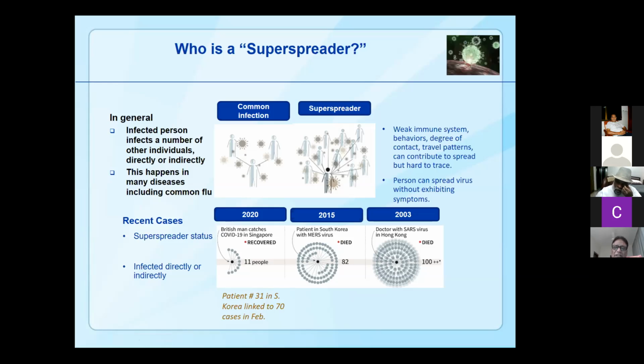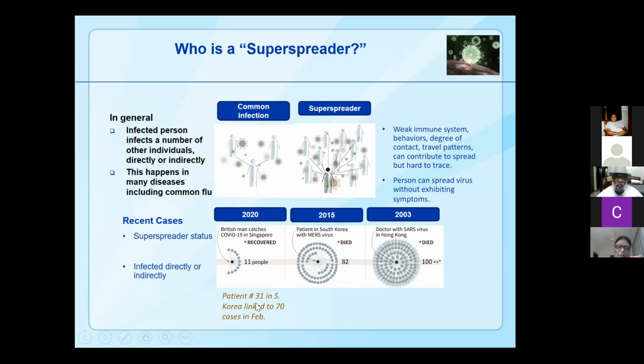We had a patient in South Korea who died, but before he died, he spread the disease to 82 people. And when we come to COVID-19, one of the first persons was a British man who caught COVID in Singapore. He recovered, but before recovering, he spread to 11 people.